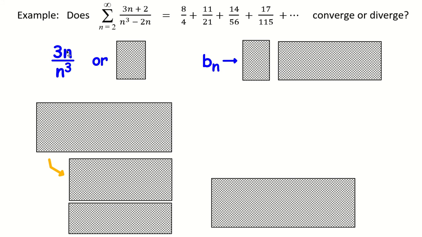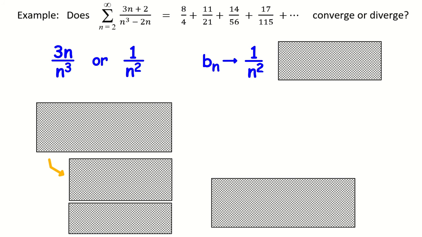Then you might as well reduce it and clean it up, and get that 3 out of there. So 1 over n squared. We're going to compare it to 1 over n squared. Again, we have to know what this series does. Does this series converge or diverge? How do you know?